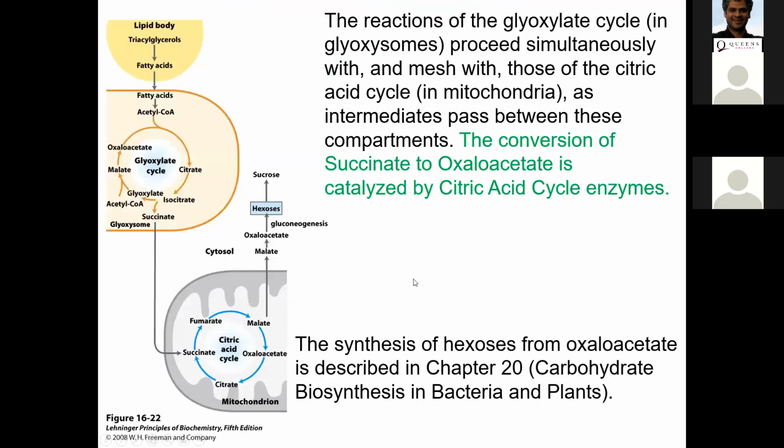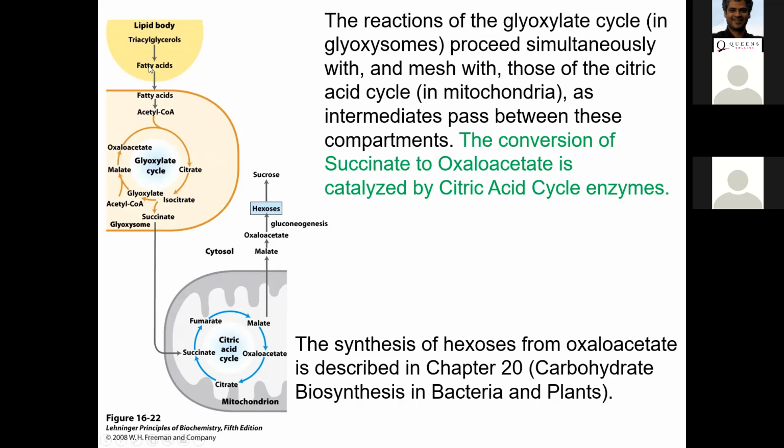I can show you in what is known. So you have in the seeds the lipid body, which you saw, containing neutral fat, triacylglycerol. When triacylglycerol is metabolized, you will make glycerol, and lots of fatty acids will be released.